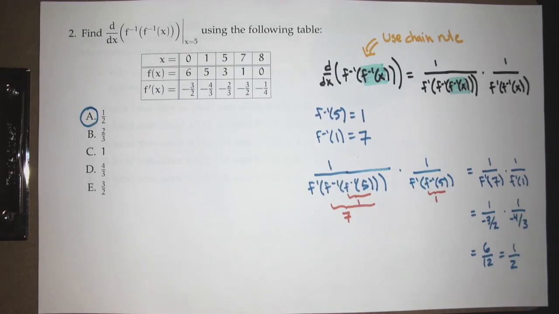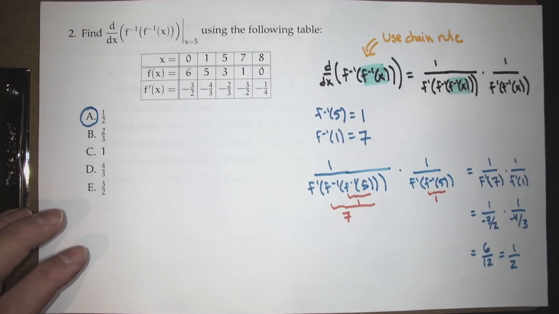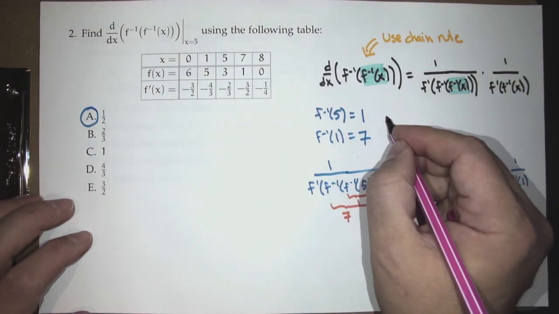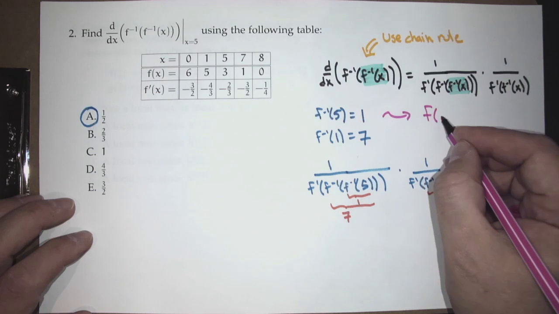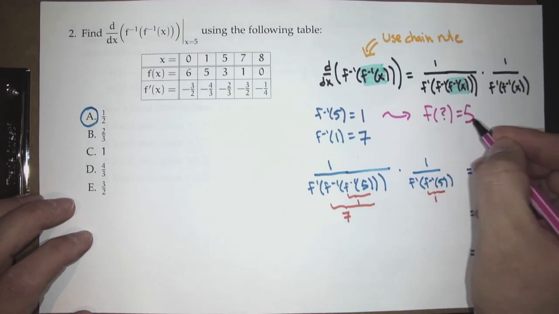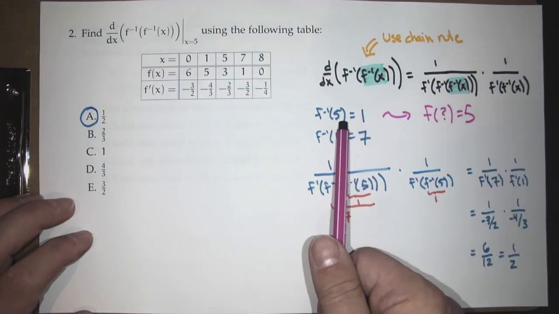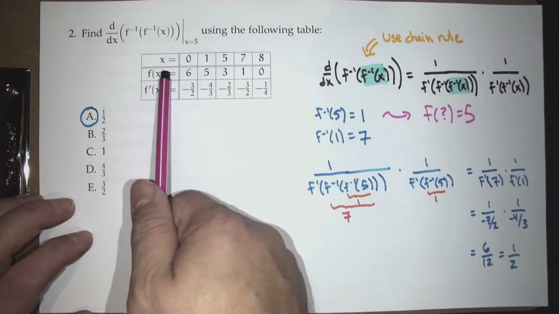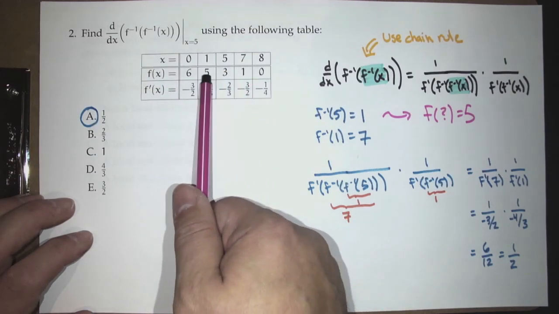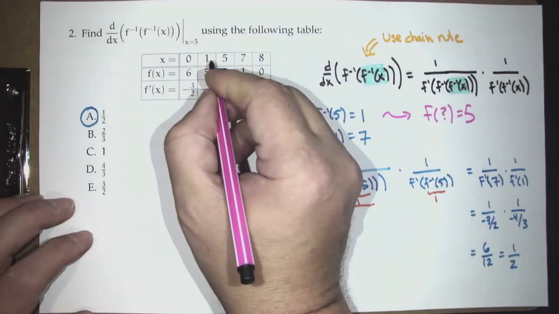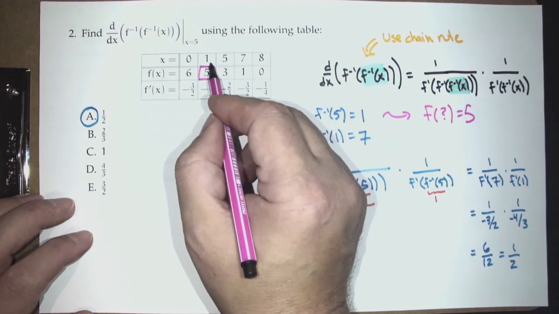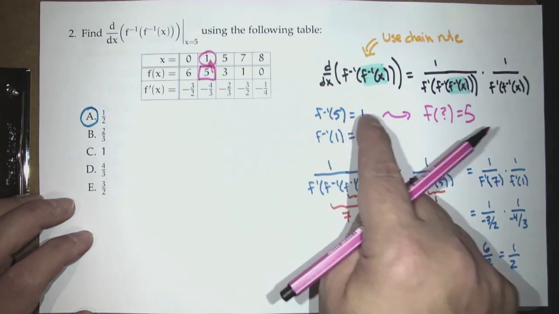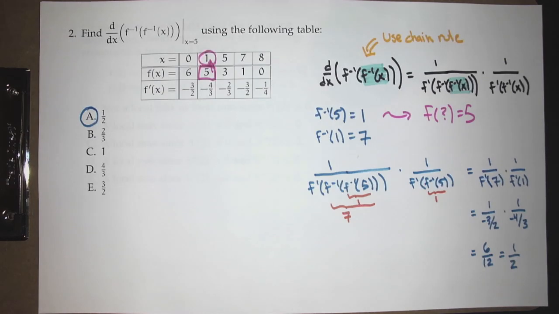What do you do? f inverse of 5 is the same as asking the question, f of what gives you 5? So scan the row for 5. I see a 5. And I say, okay, what was the corresponding x value? It was 1. So f inverse of 5 is 1.